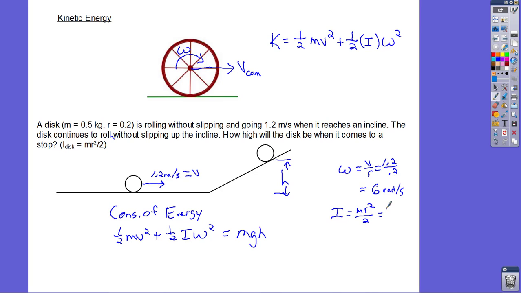And so that is equal to 0.5 times 0.2 squared over 2. And when I did that, I got 0.01. That's going to be kilograms times meters squared.